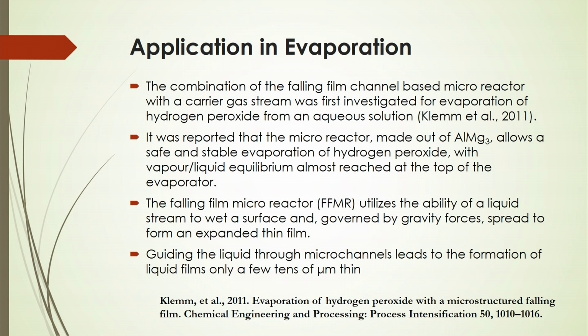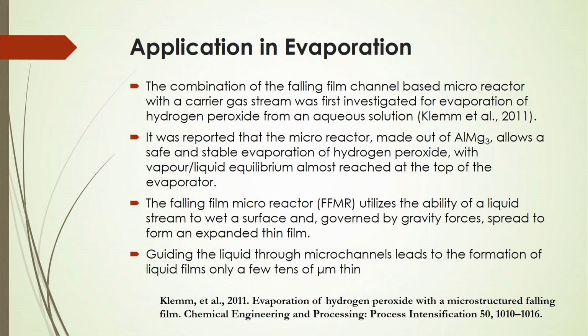Even you can apply these microreactors in evaporation processes. In that case, a falling film channel based microreactor should be developed with a carrier gaseous system, and it is generally made out of aluminum magnesium alloys for safe and stable evaporation of hydrogen peroxide, with vapor liquid equilibrium almost reached at the top of the evaporator.